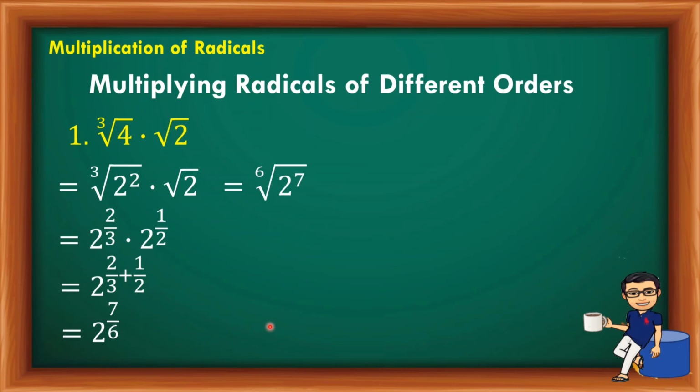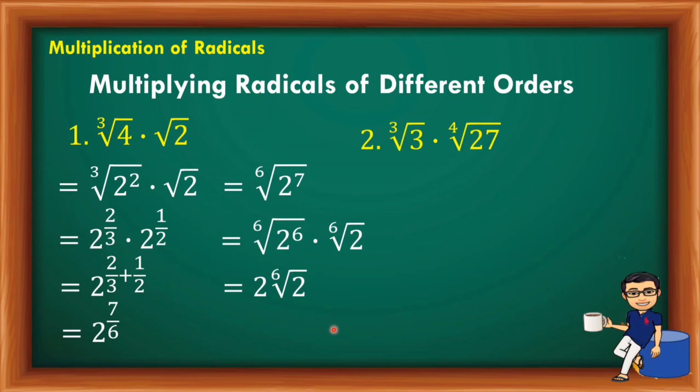Then pwede na ngayon i-change yan sa 6th root of 2 to the 7th. Again, pwede na itong i-change sa radical expression. So ito yung index, exponent ito. So we have that. At pwede itong i-simplify, kasi ang factor nito ay 2 to the 6 times 2, 2 to the 7. At ito ay perfect sa 6th root, kaya 2 na lang ang natira doon. Then ito hindi na perfect sa 6th root, kinopya na lang natin. Okay?